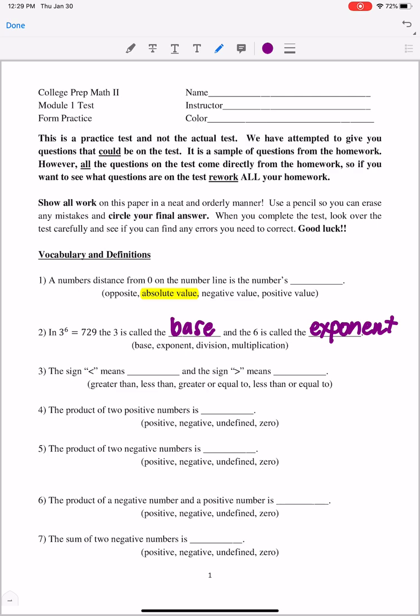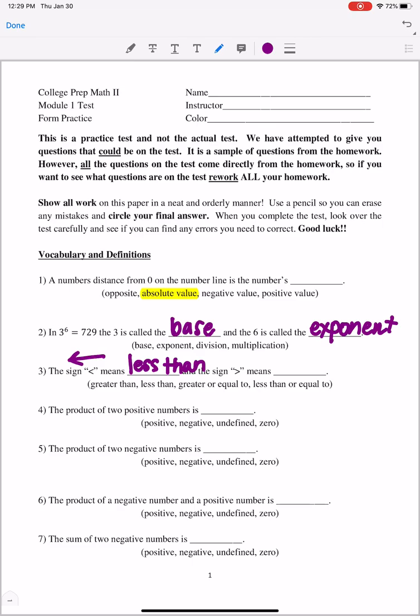The sign right here, if you use that as an arrow, is pointing to the left. The left is all of your lesser numbers, so this means less than. Think of it as pointing to all of those negative numbers.